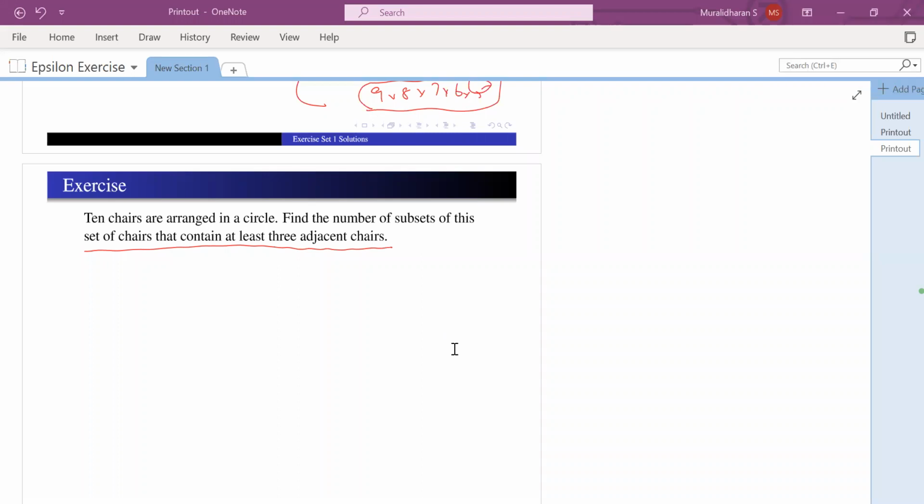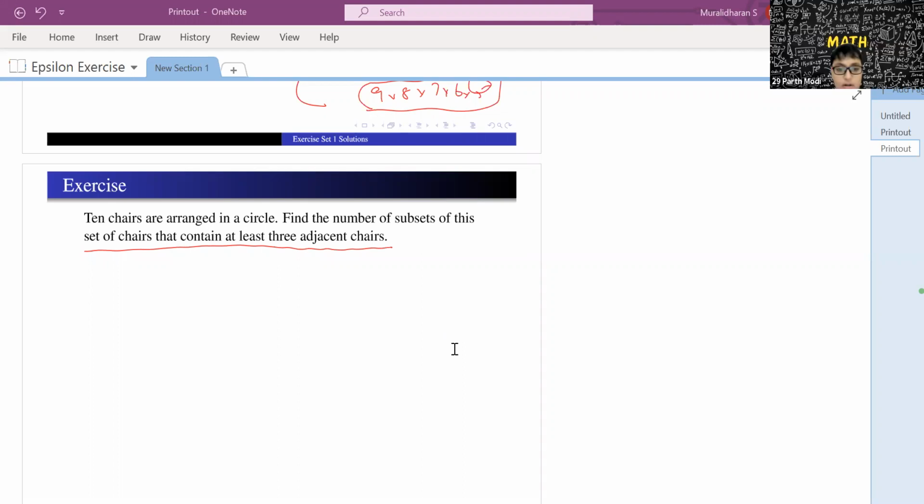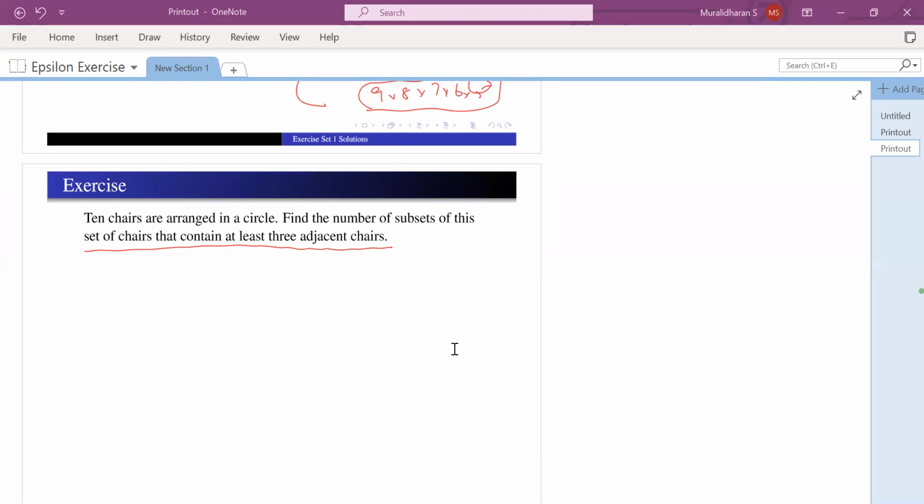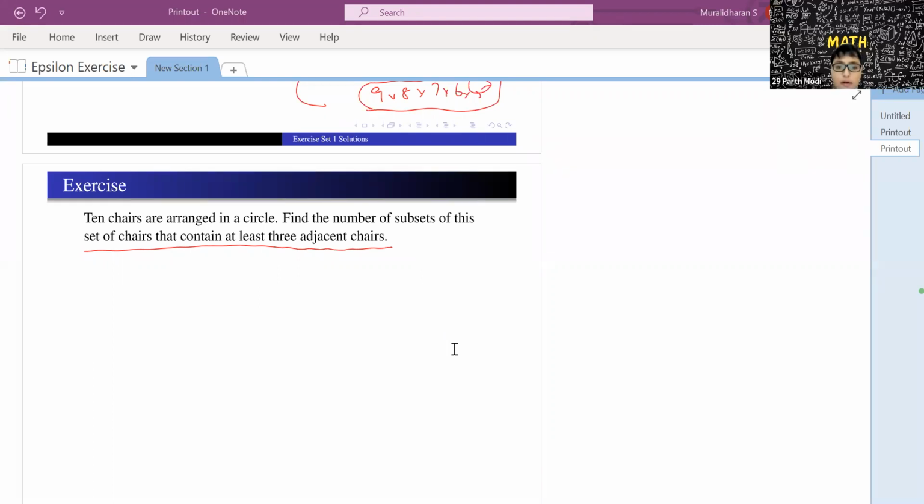So now there are 10 sets of three chairs where there are three adjacent chairs. Now there are 10 subsets of four chairs where all four are adjacent. Very good. Then we do 10 into 5, or 50.